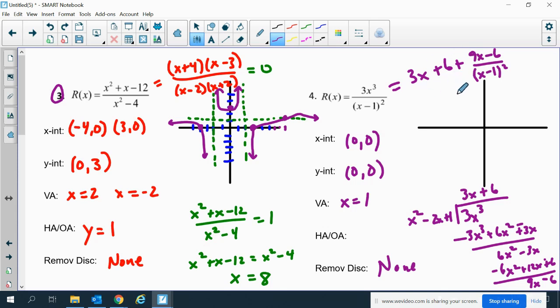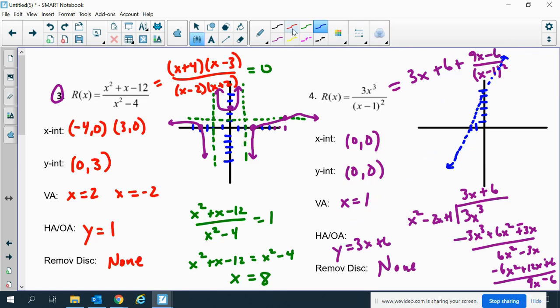So this is my function. That means my oblique asymptote is y equals 3x plus 6. So as I graph this, I have a slope of 3 and a y-intercept of 6 as my asymptote, so it kind of looks like this.